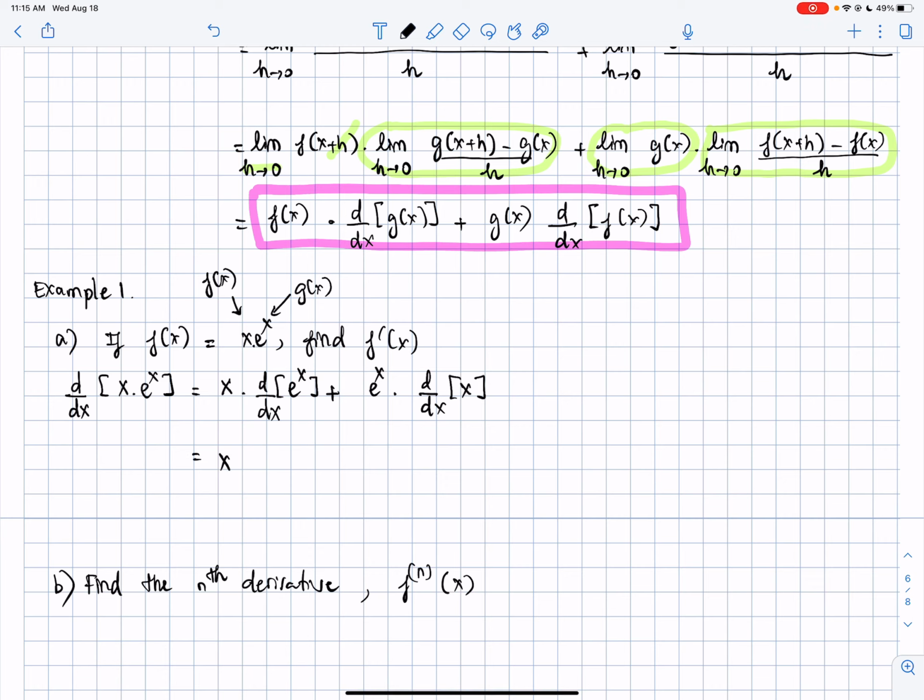So the first derivative of e to the x is e to the x, the same. The first derivative of x is 1. So we can factor out, and then we got x plus 1 times e to the x.